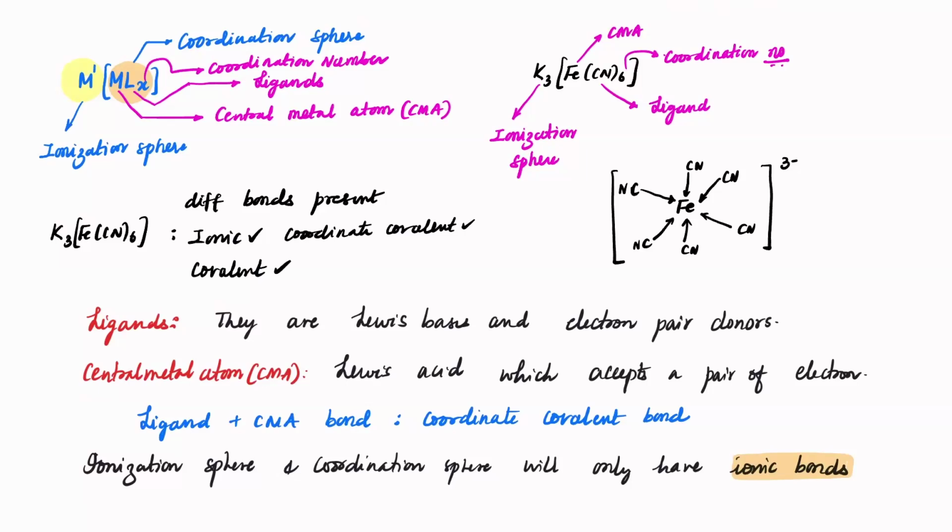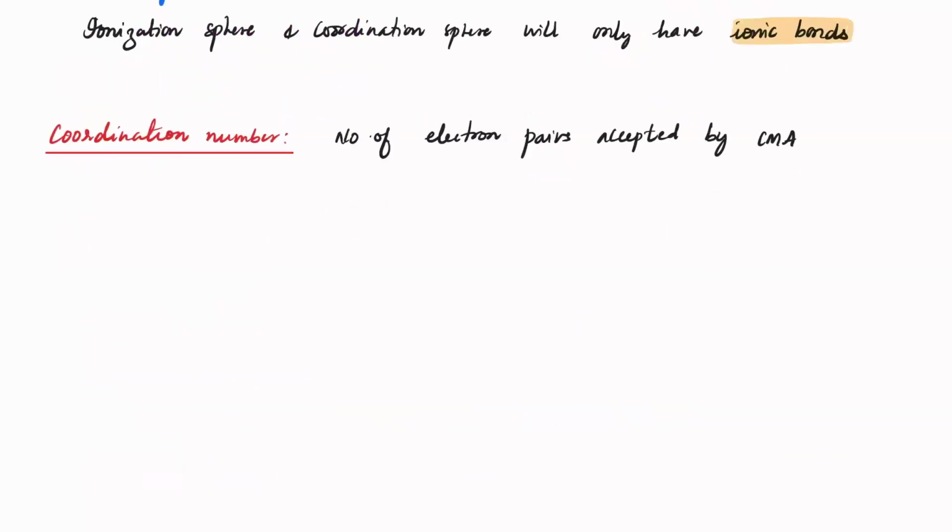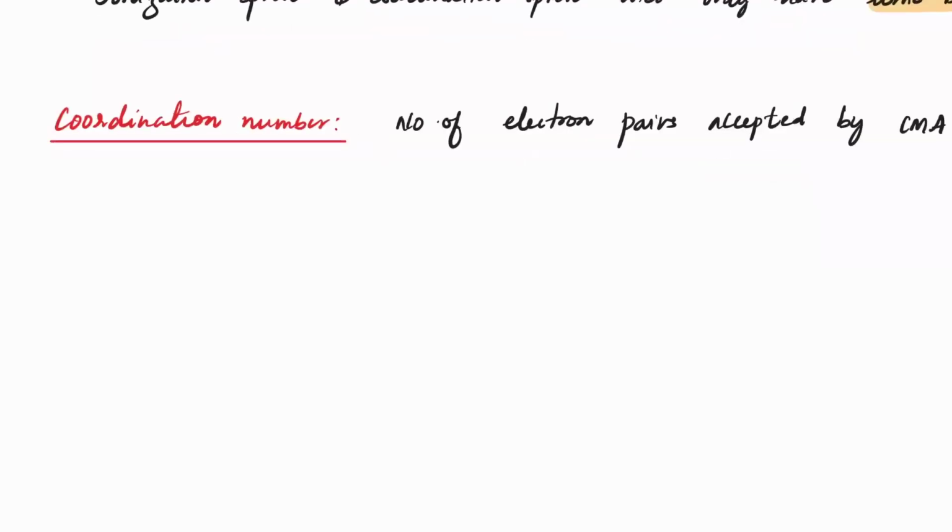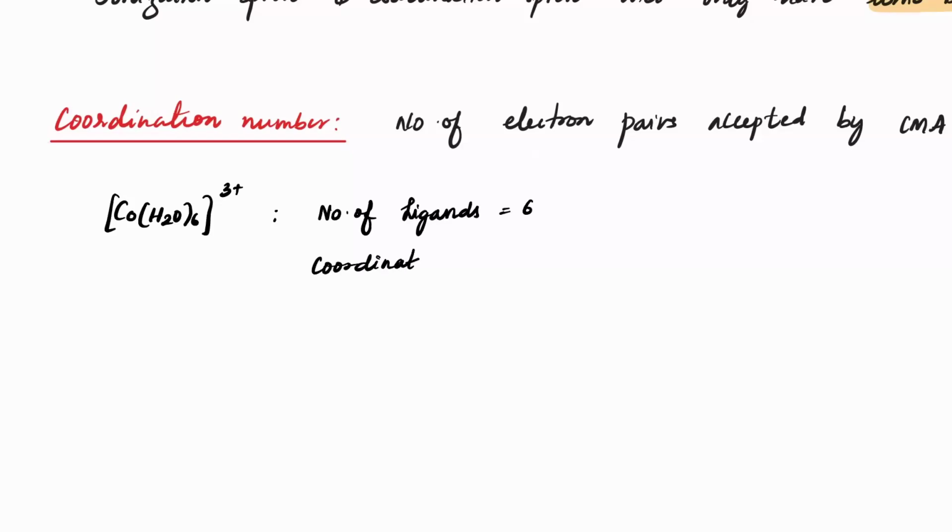Coordination number, particularly, we need to discuss, because it varies depending upon the type of ligand that we use. For example, if I take cobalt H2O 6 overall 3 plus, then the number of ligands in this case is 6, and the coordination number is also 6.